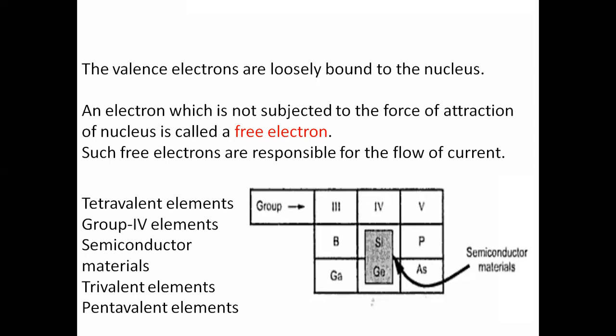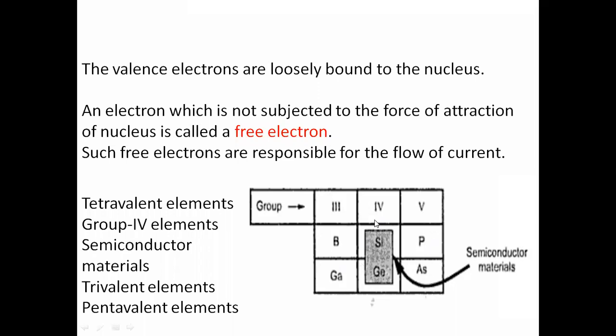And we have certain other types of materials: trivalent materials and pentavalent materials. The group 4 elements are called tetravalent elements, group 3 elements are called trivalent elements, and group 5 elements are called pentavalent elements.